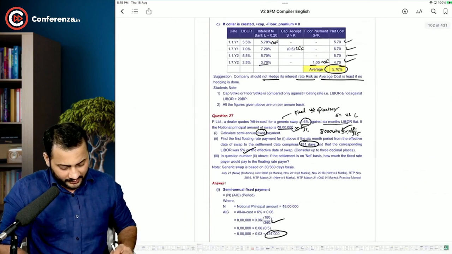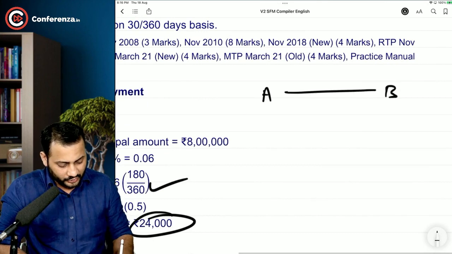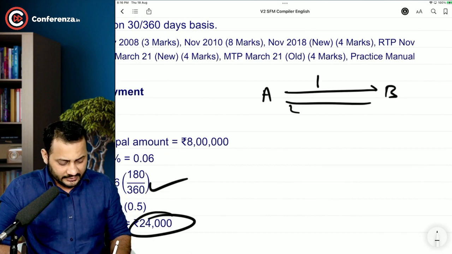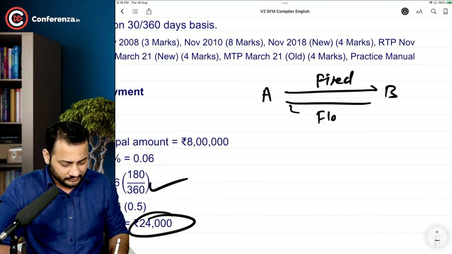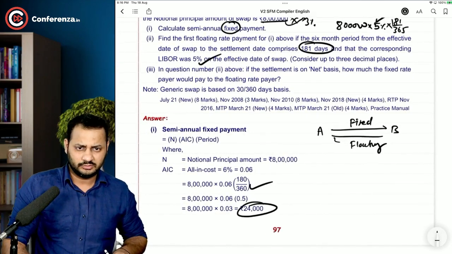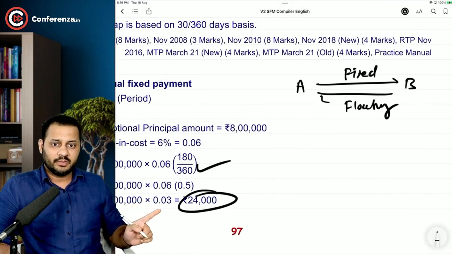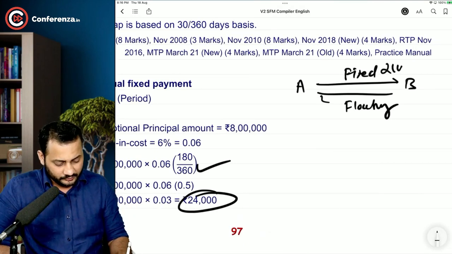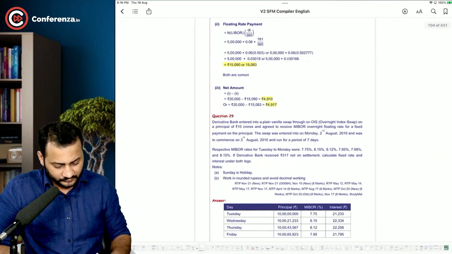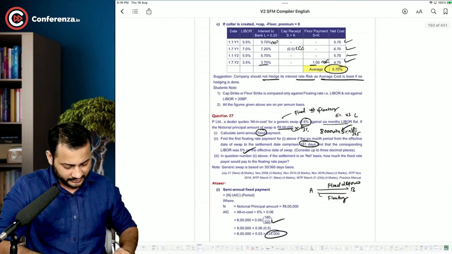So what will happen? I will tell you. Let's say there are two parties, A and B. Both of them decided to exchange fixed versus floating. So let's take A is paying fixed and receiving floating. Okay. So what will happen? On the first payment, A will pay 24,000 and B will pay 20,120 on the first 6 months.